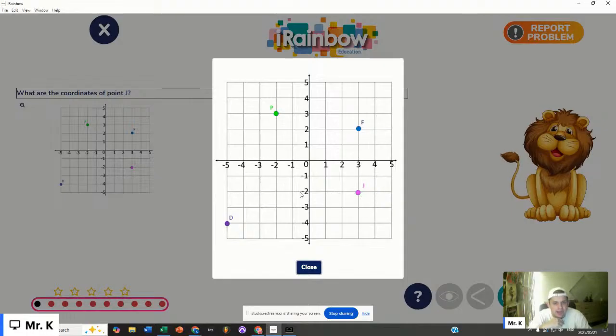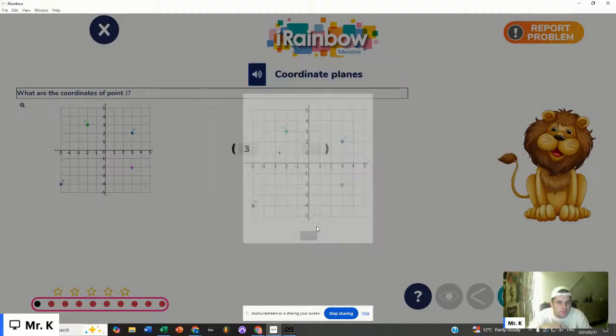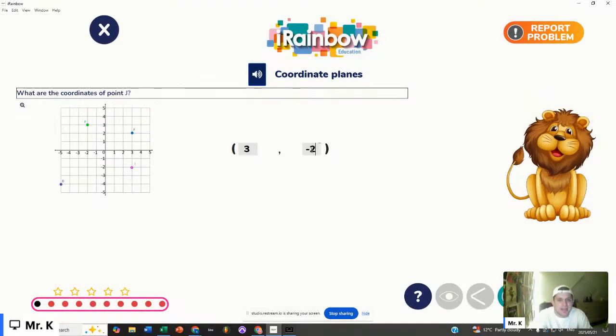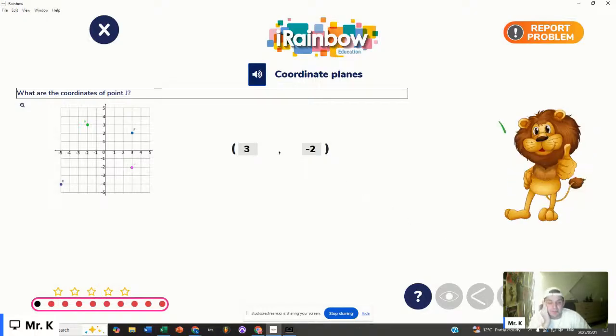Well, we need to line up with the y axis. We can see when we do that, we line up with negative 2. So we're going to type that into the second part of the coordinates and press submit. And you can see that our method for finding the coordinates of a point is more than accurate.